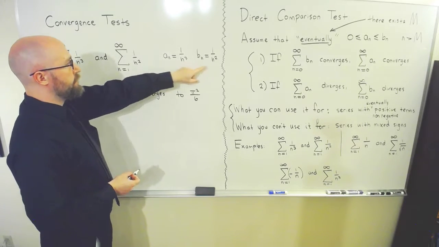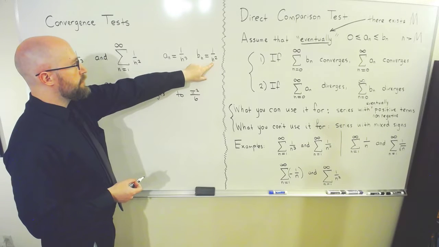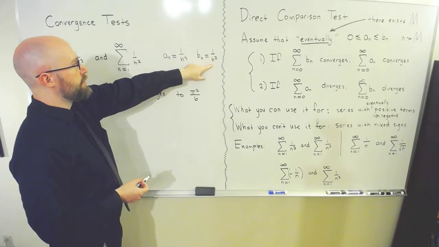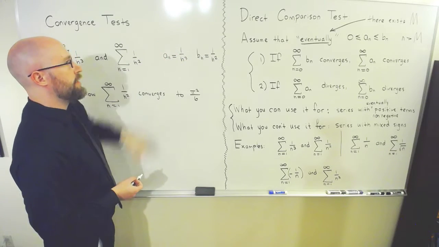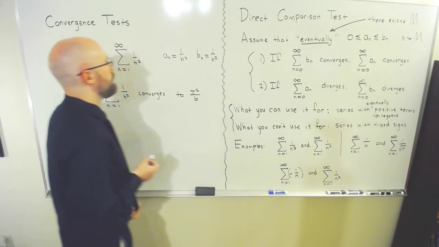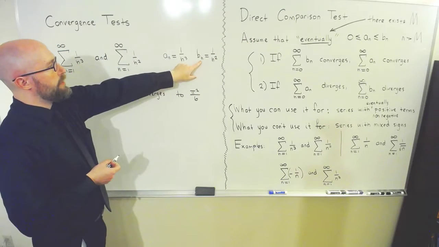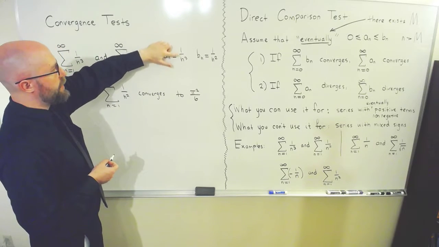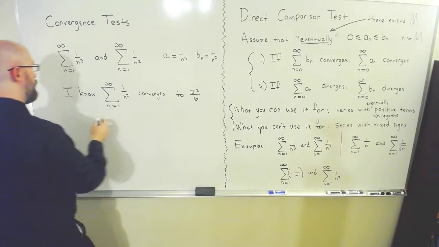Now, for positive integers, n squared is smaller than n cubed, so 1 over n squared is bigger than 1 over n cubed. So you're in exactly this situation here, where the bn's are bigger. You think of these as shrinking faster because, what do those terms look like?